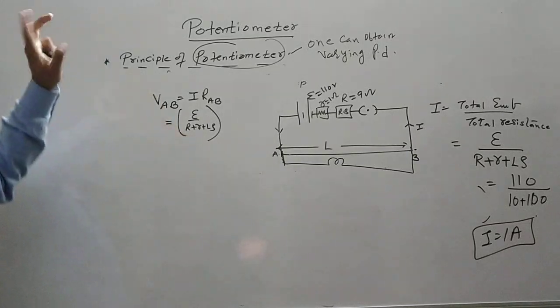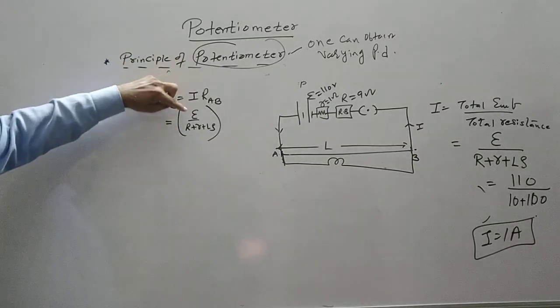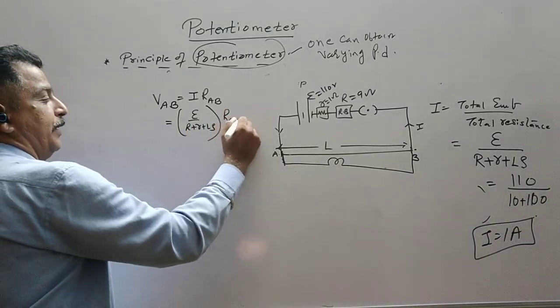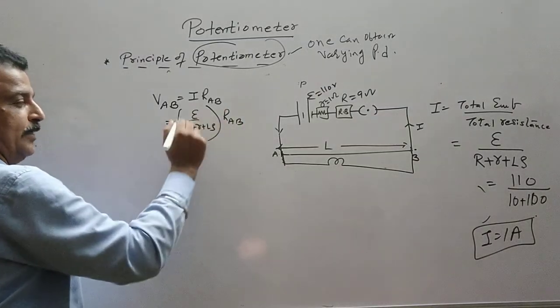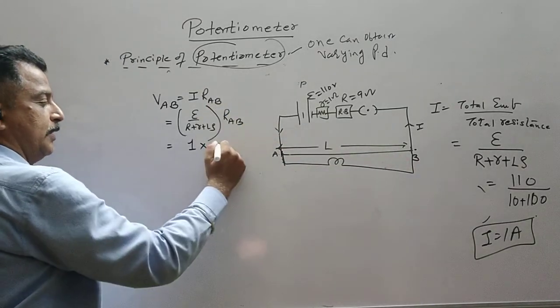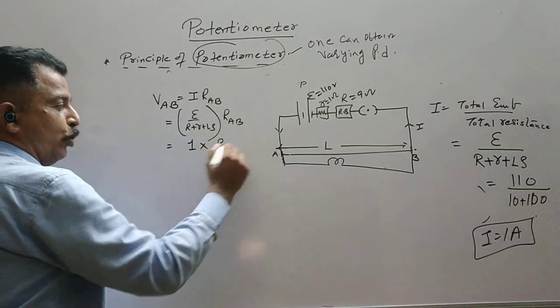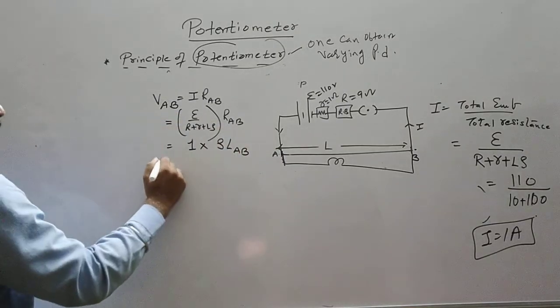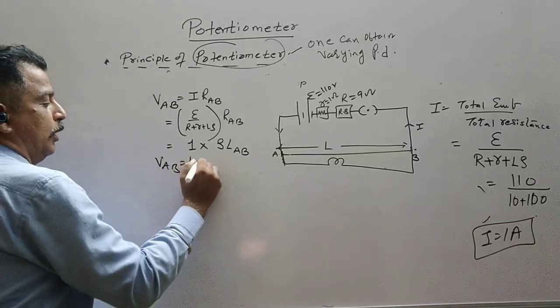So you have to remember I is the total EMF divided by the total resistance, then the resistance of AB. So this value is I that we have already found. So it comes out to be 1 into rho length of AB. So VAB is equal to 100 volt.